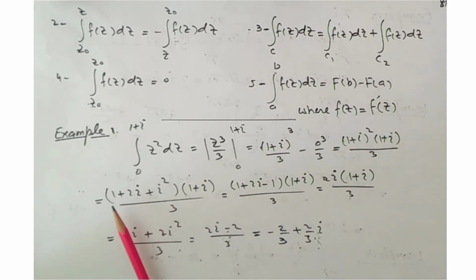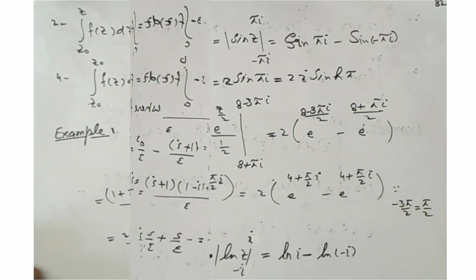Expand its square; iota square is minus 1, so they will cancel, and after simplification this becomes 2 iota into 1 plus iota over 3. We multiply iota square and iota. After simplification, this becomes 2 iota plus 2 iota square over 3, which is minus 2 by 3 plus 2 by 3 iota. This is the value of this integral.